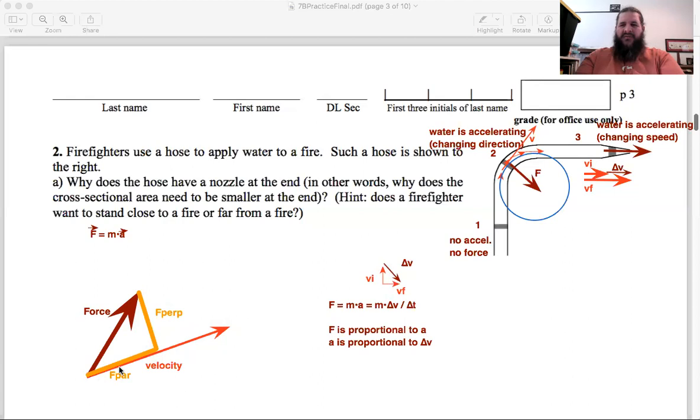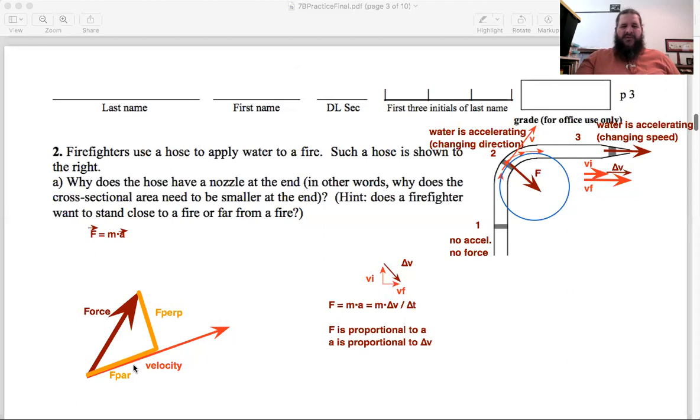So the parallel component of the force makes the object get faster and faster and faster. On the other hand, if we look at just the perpendicular component, what would a perpendicular force do? If you got a force that's exactly perpendicular to the velocity, what does that do to the object's motion? Yeah, that changes the direction.